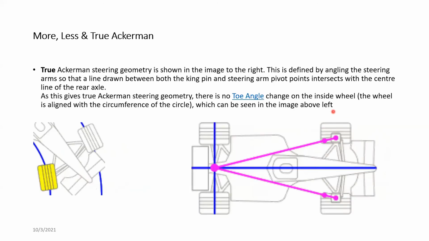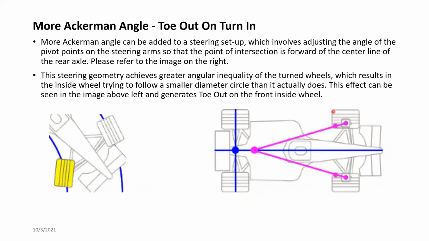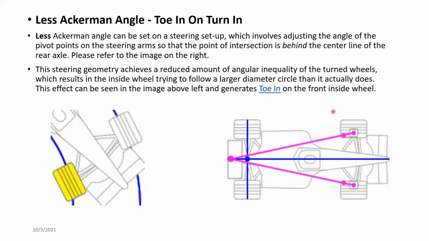But one thing you have to understand is that when this Ackerman angle changes, toe in and toe out change. What's toe in and toe out? We'll discuss that. When toe in and toe out change, there's another thing coming up: the steering sensitivity also changes.